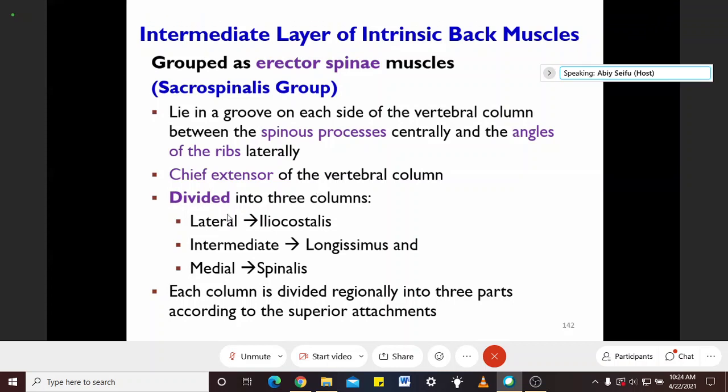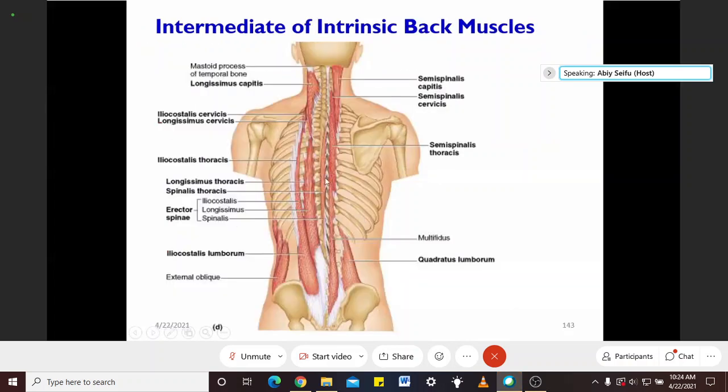They are divided into 3 columns based upon relative size. Here it is. This is the erector spinae, or the intermediate group. It forms 3 columns: laterally, the iliocostalis, and next to that the intermediate one, the longissimus, which is a small one.